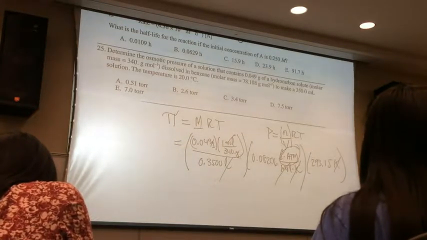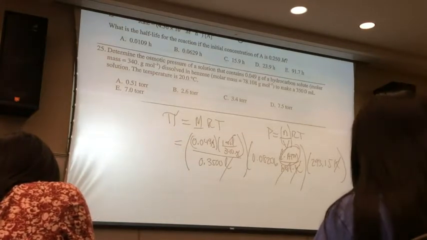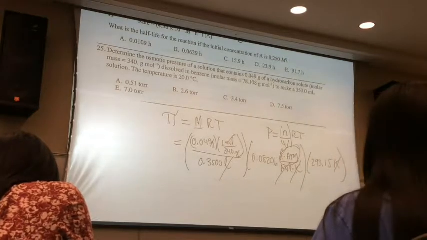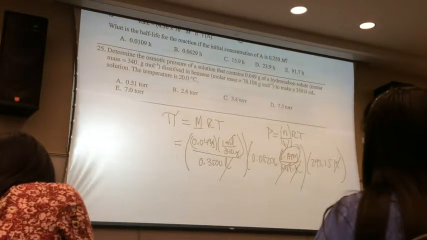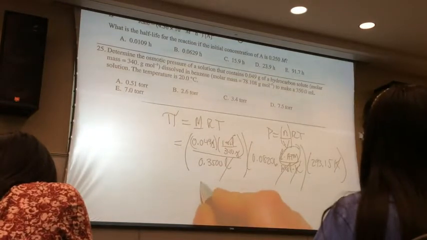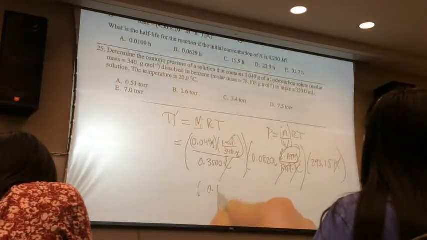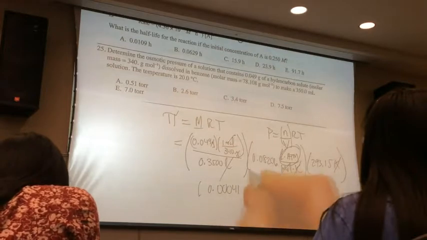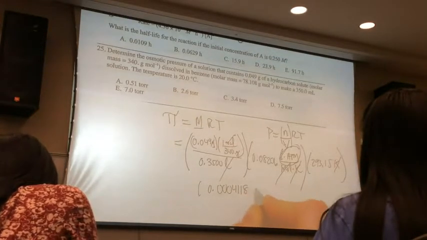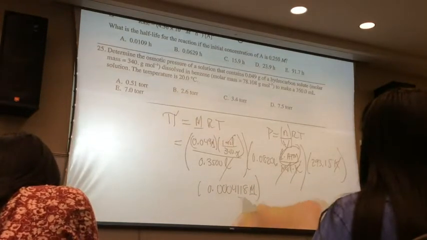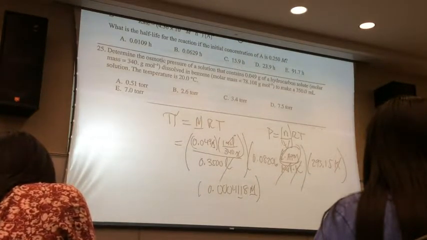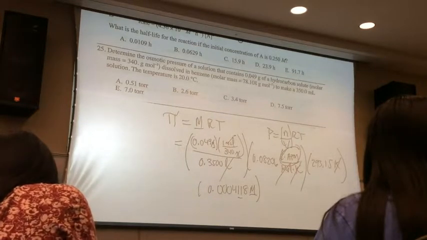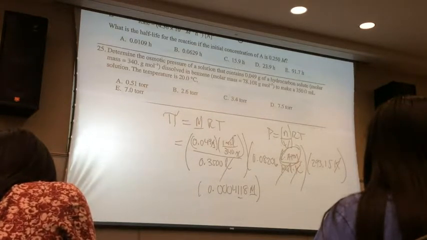So I've got 0.049 divided by 340, divided by 0.35, just so that you know this is a 0.0004 molar solution. So anyway, I've got that number times 0.08206, times 293.15.